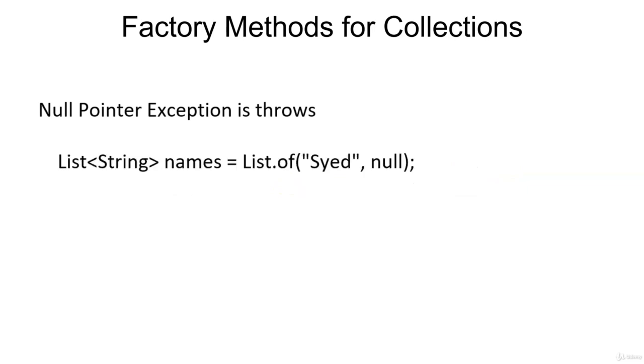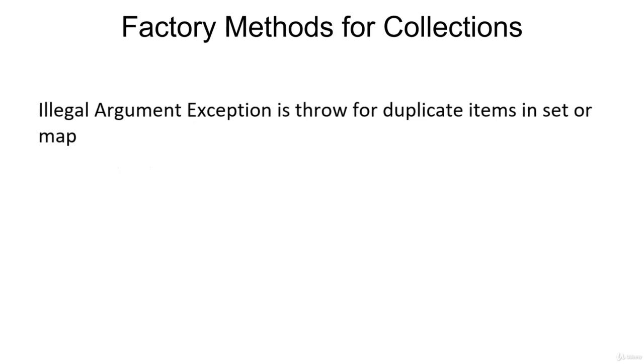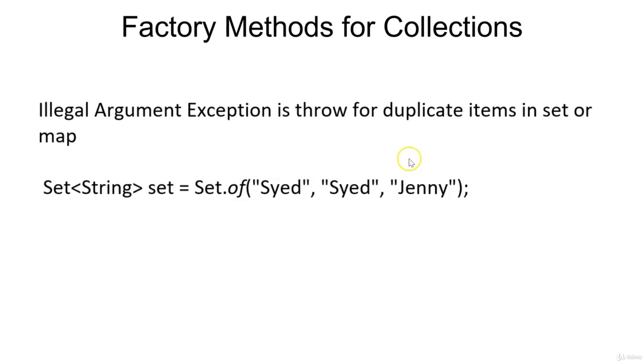Null pointer exception is thrown, for example, if you provide an element which is of null type. Illegal argument exception is thrown for duplicate items in set or map. For example, in this case, you have Set.of Syed, and then if you have duplicate items, it will throw illegal argument exception.